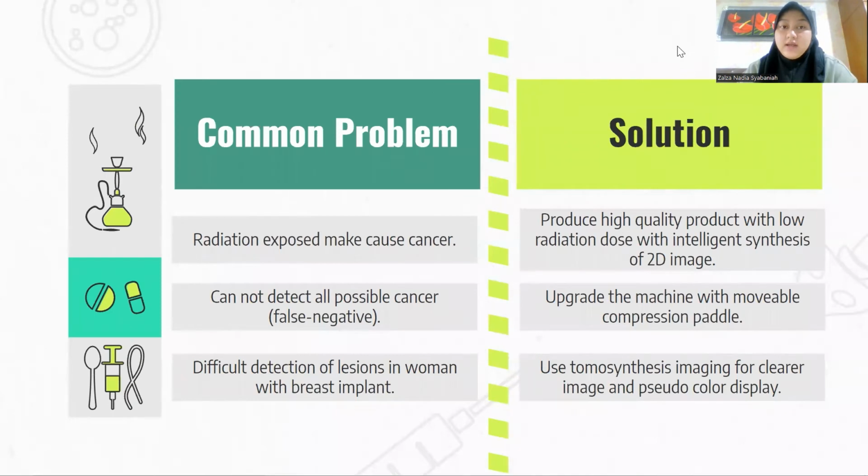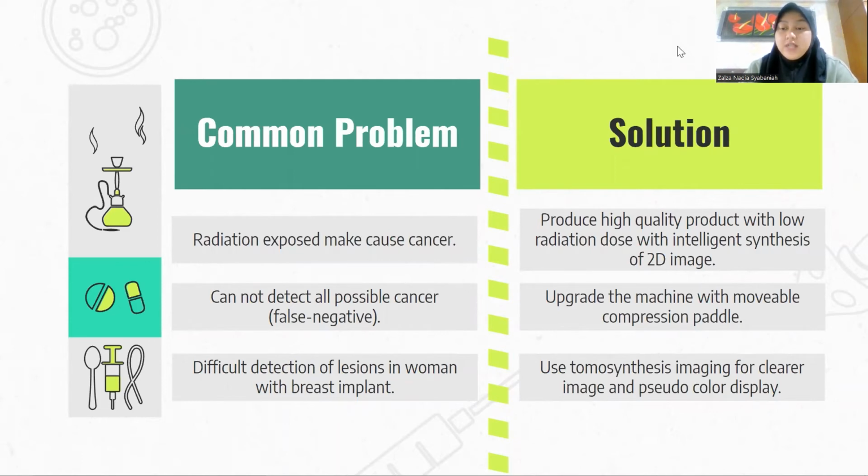So and then mammography has common problems, and of course there are solutions. The first is radiation exposure may cause cancer. The solution is to produce a high quality product with low radiation dose with intelligent synthesis of the image. And then there is that it cannot detect all possible cancer, or false negative.